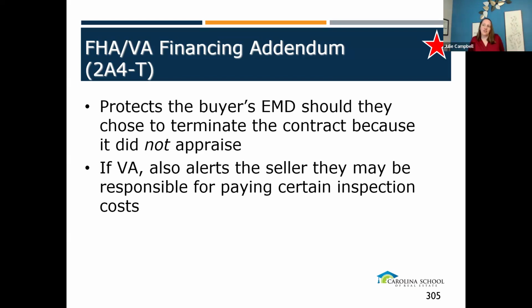Listing agents, isn't it important that your seller knows they would be obligated to pay that pest inspection, for example? So the VA piece just lets the seller know that there are certain costs. We'll talk a little bit more about the FHA VA financing addendum when we get into our financing units.